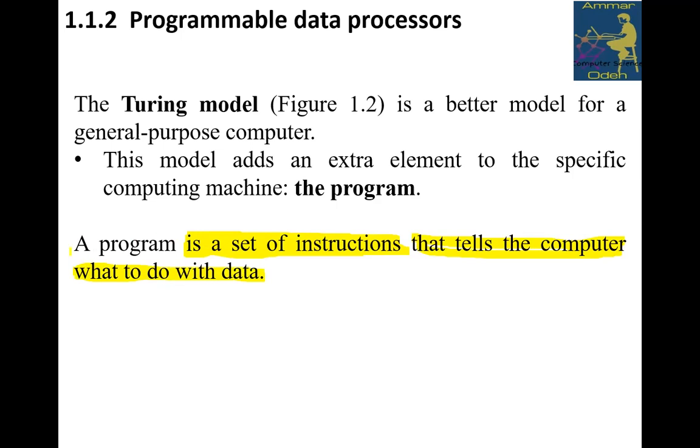So تعريف كلمة بروجرام، برنامج أو algorithms أو أي شيء بدك إياه، هي عبارة عن set of instruction، مجموعة من العبارات، مجموعة من الorders that tells the computer what to do with the data.